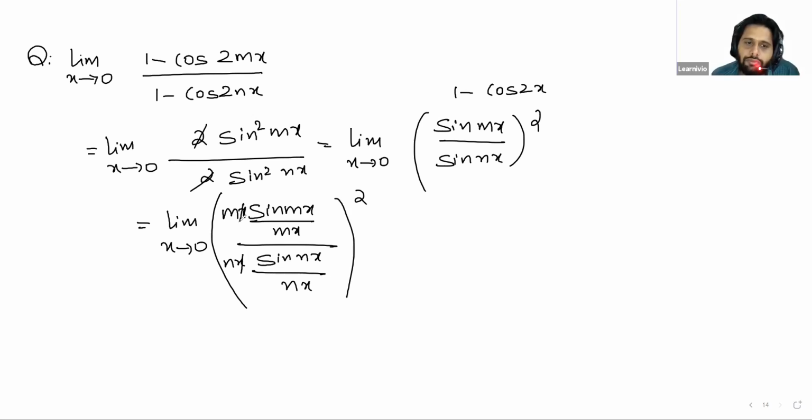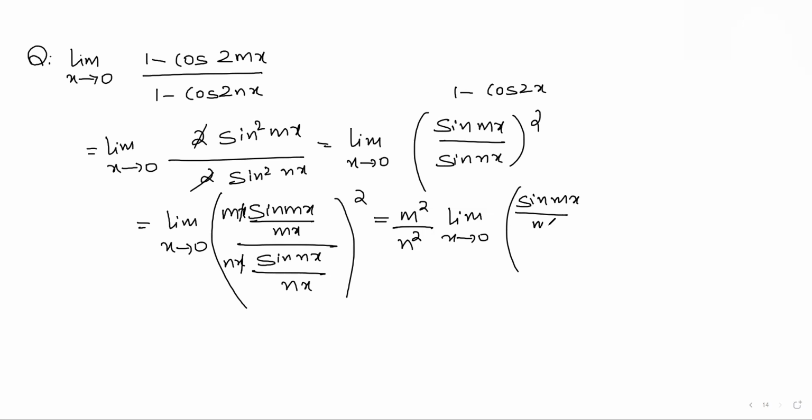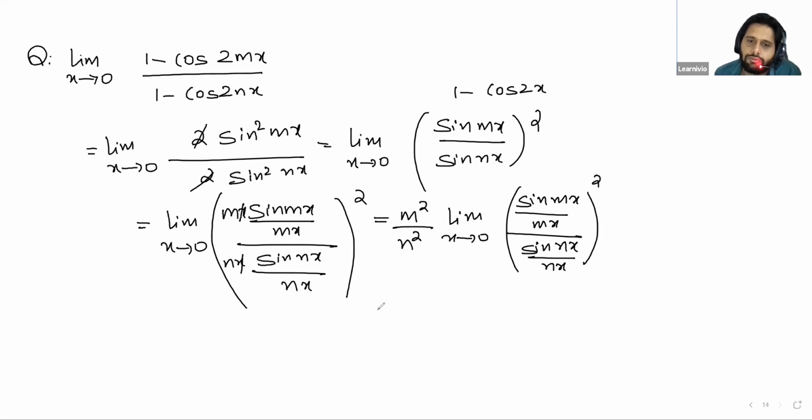x will cancel out. Now m and n are in squares, so outside this square, this becomes m by n square. Limit x tends to 0, this will give you sine mx by mx, sine nx by nx, whole square. So this is equal to m square by n square, and put the limit.